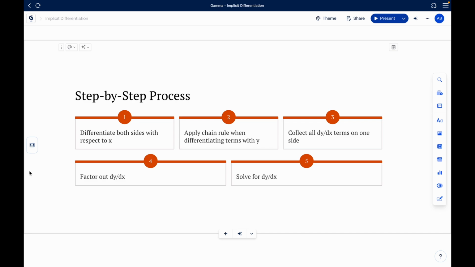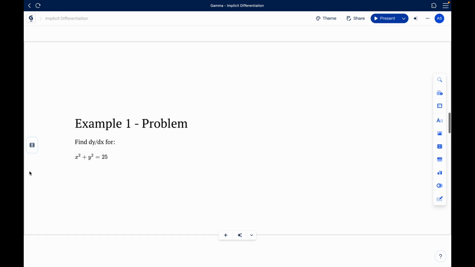The third step is to collect all dy by dx terms on one side. The fourth step is to factor it out, and the fifth step is to solve it. Now, steps 3, 4, and 5 all kind of interlink, which is basically just factoring and solving for dy by dx using algebra. So, let's move on to the examples.